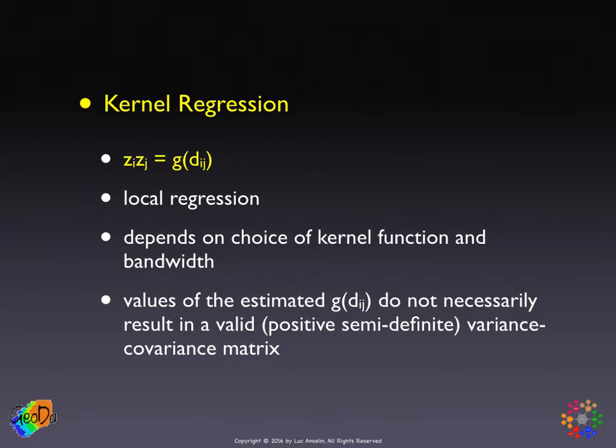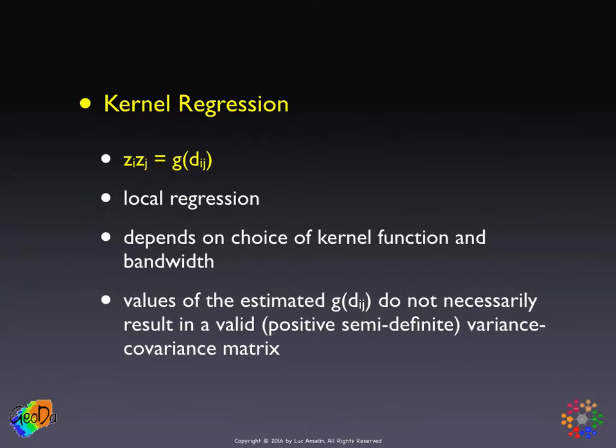It's a local regression, and as I mentioned, it depends on the bandwidth and the kernel function. The problem, as I mentioned earlier, is that the values of this estimated function do not necessarily have a valid variance covariance matrix. For example, you might see that if the slope is positive or things of that nature.